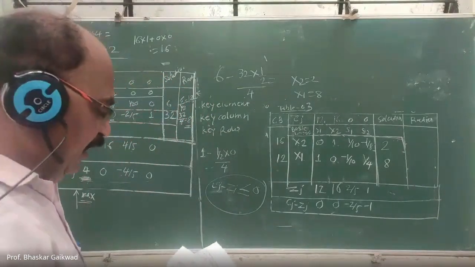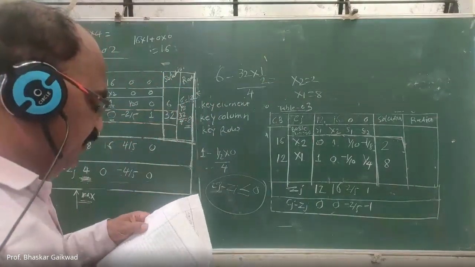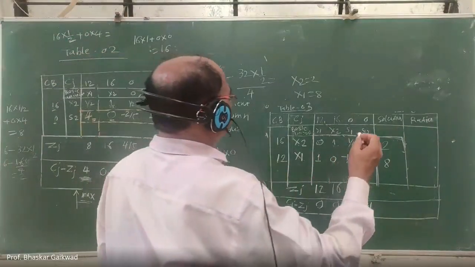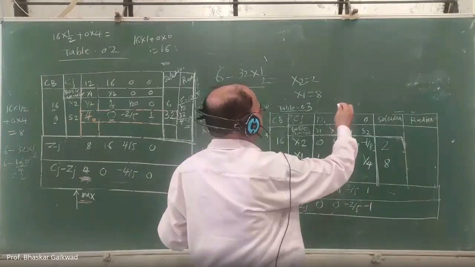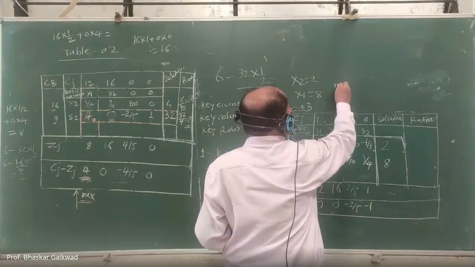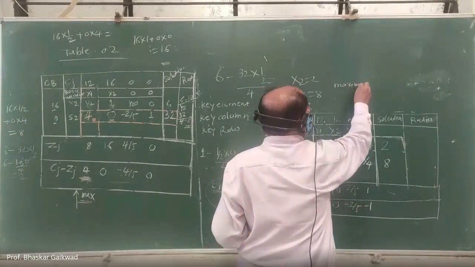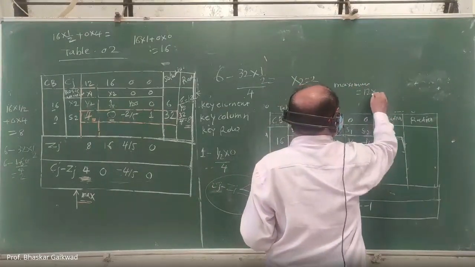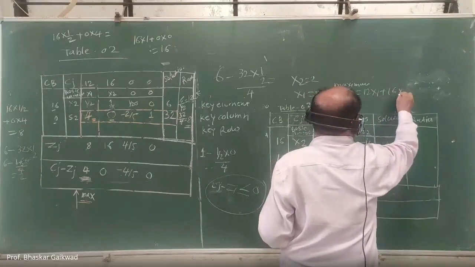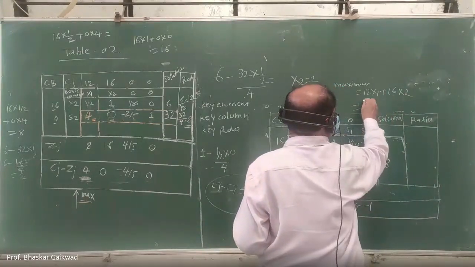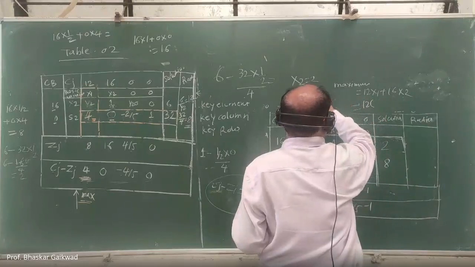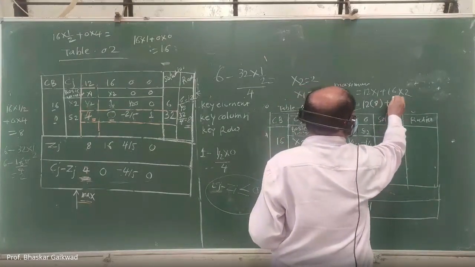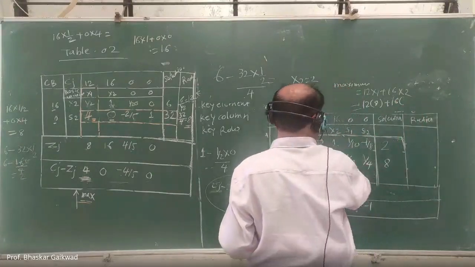And what is our first equation? Our first equation, the maximum condition, is 12x1 plus 16x2. So here 12 into x1 which is 8, plus 16 into x2, which is 2.